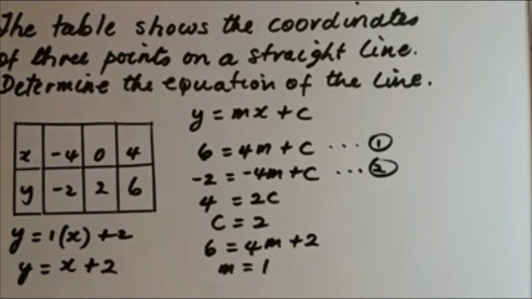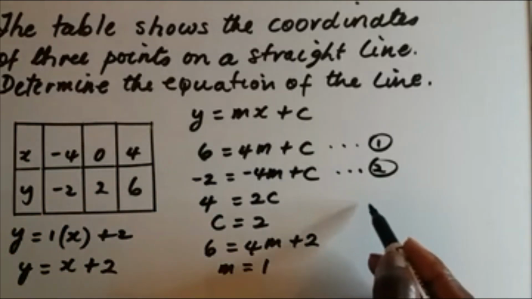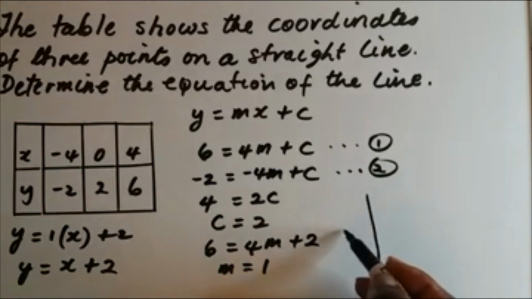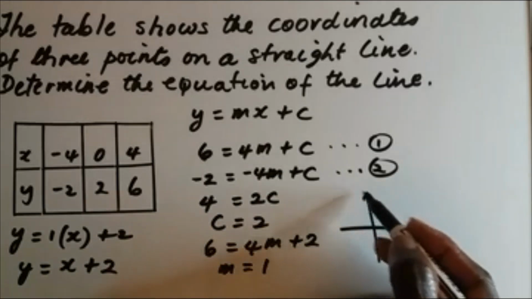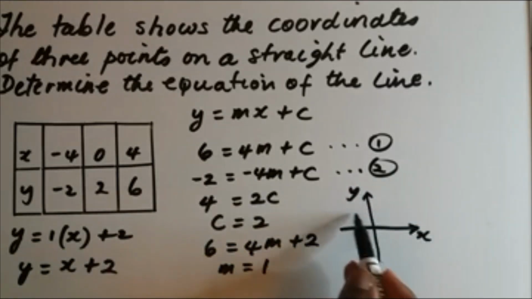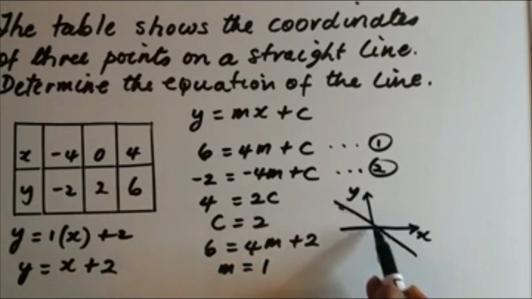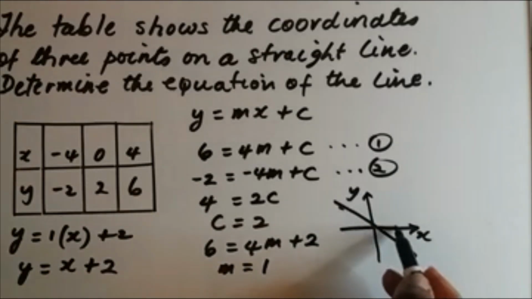What about when the gradient is negative? We have x, y here. If it's negative, it will be going through, we're assuming it goes through the origin, and this will be the angle here.